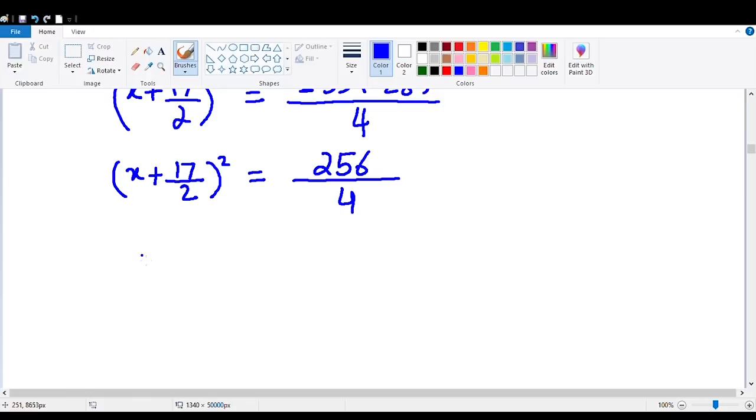And now we need to take the square root to get the value of x, and basically to send 17 over 2 to the other side so we get the value of x. But before we do that, we need the square root. So we're taking the square root.